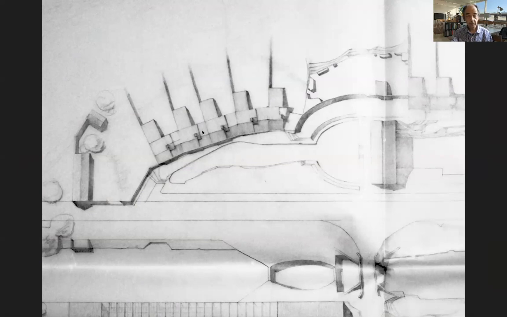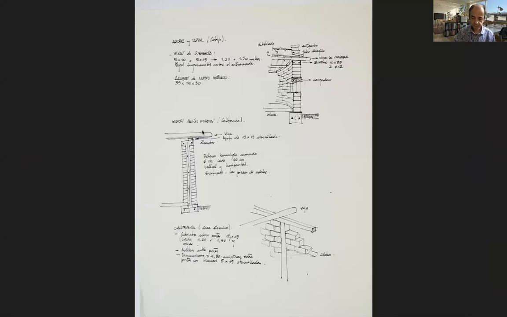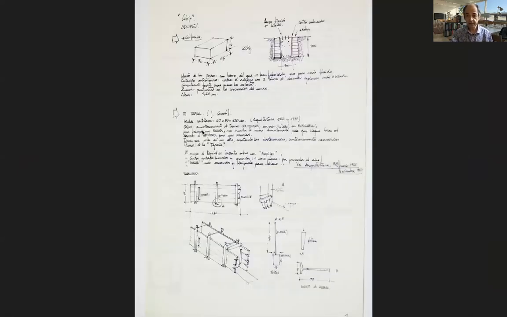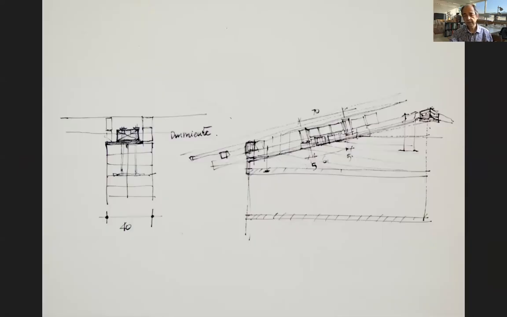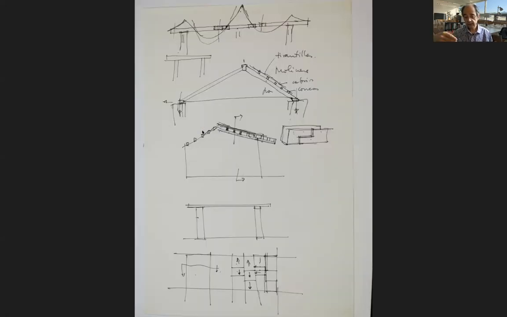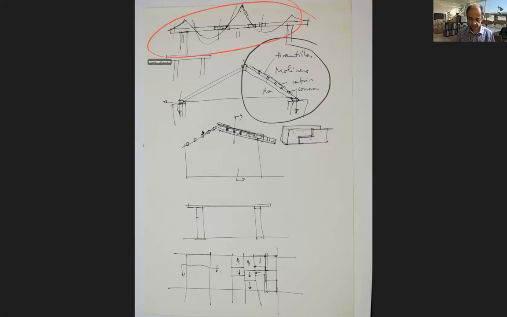This was meant to be built in adobe, like a clay construction, and I had to go to books and magazines to get the details and the ways of construction. This is all research. Then you have to work the details. This is sketching, and these are the corrections in class. These are my teacher's comments on the structure and things I should be careful about.